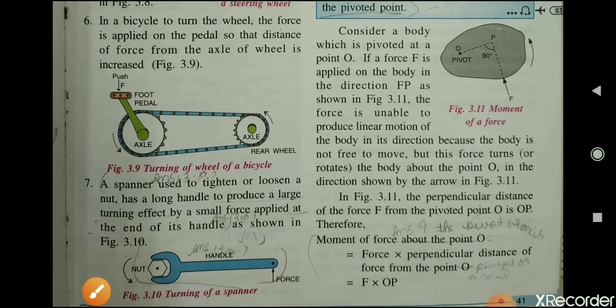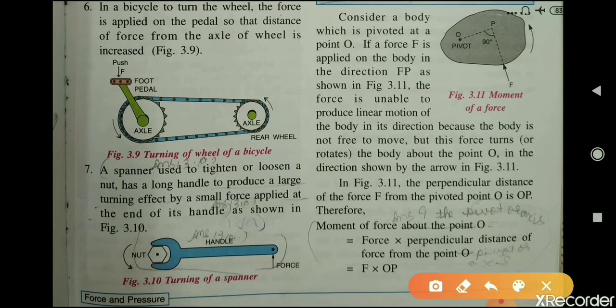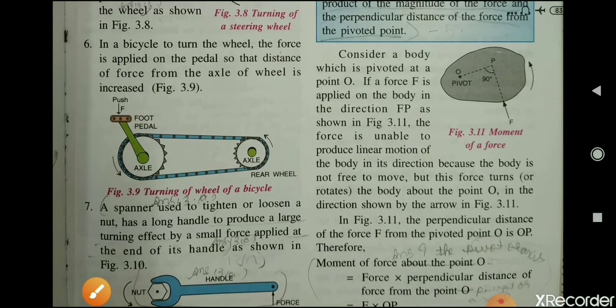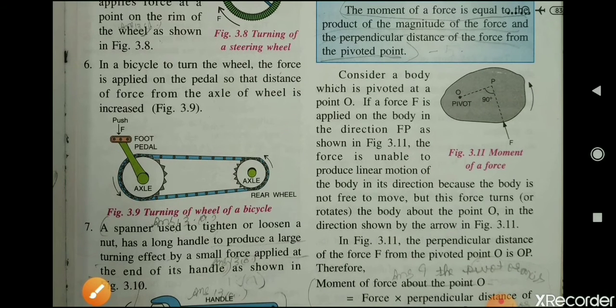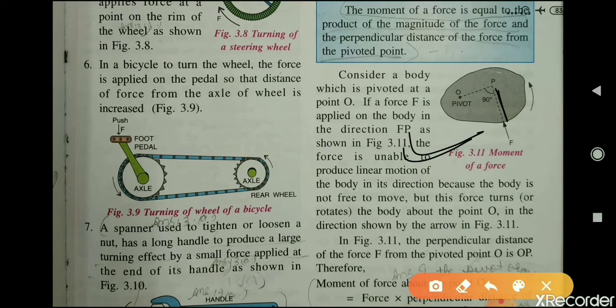In figure 3.11, the perpendicular distance of the force F from the pivoted point O is OP. As you can see here, F means the force that we apply on this body.